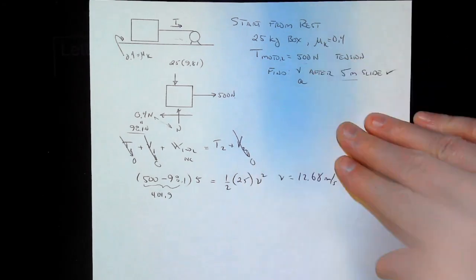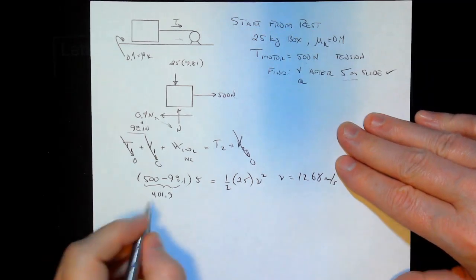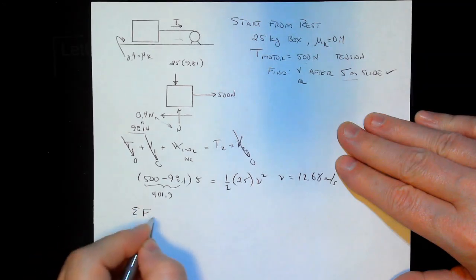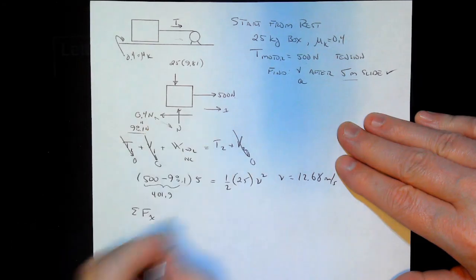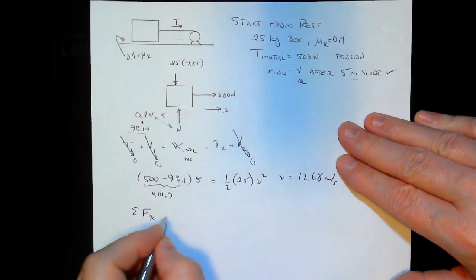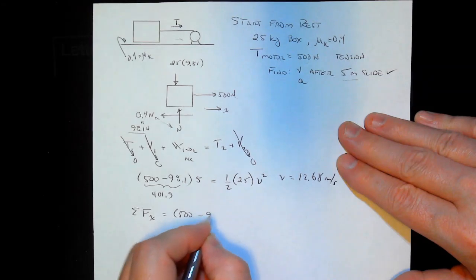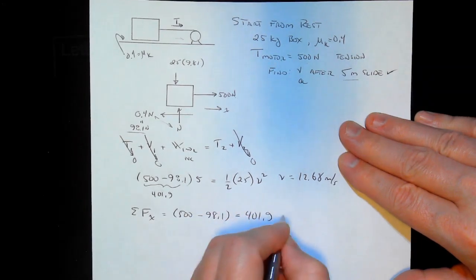So we did that. What's the acceleration? Well, that's easy enough. Sum of the forces in the X, taking X along here. We'd have 500 minus 98.1, which is 401.9.